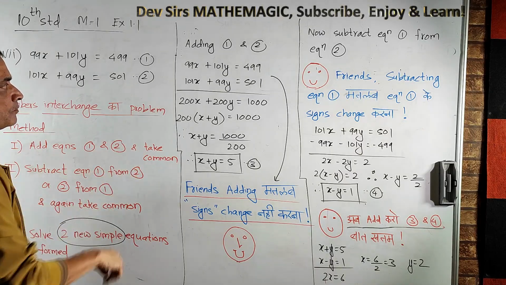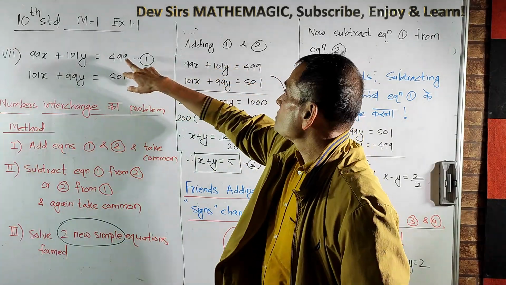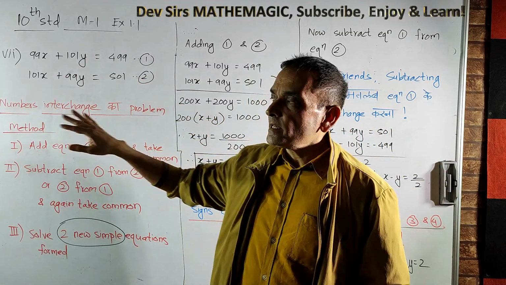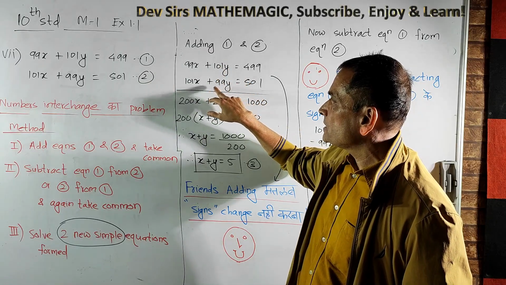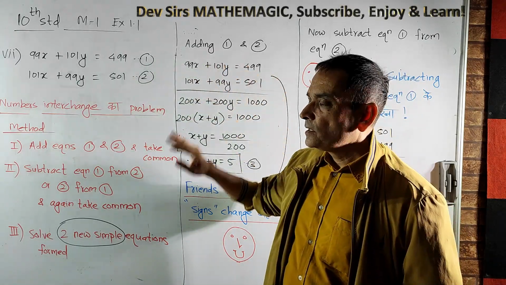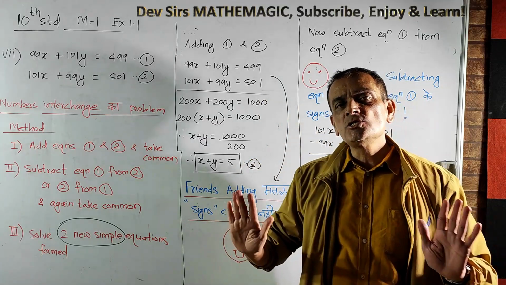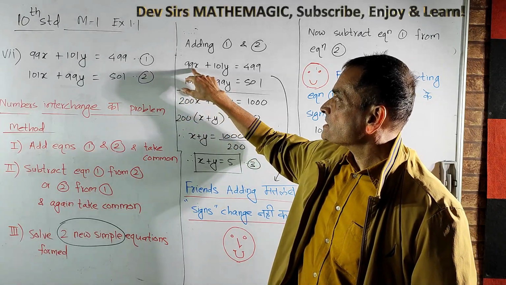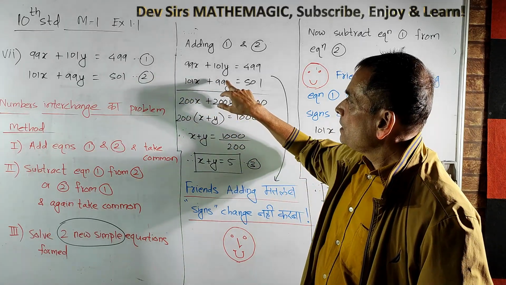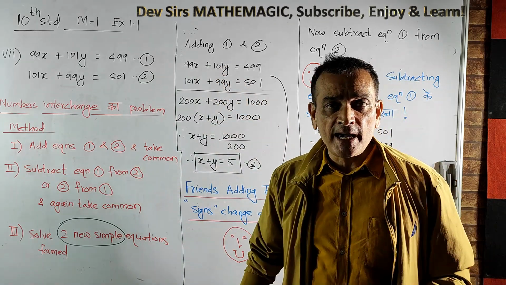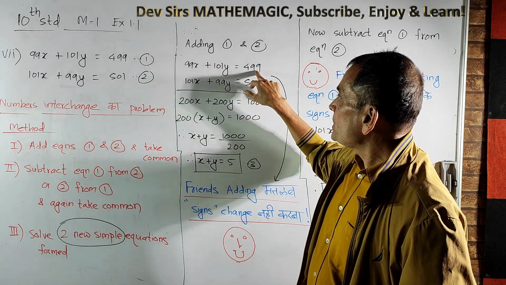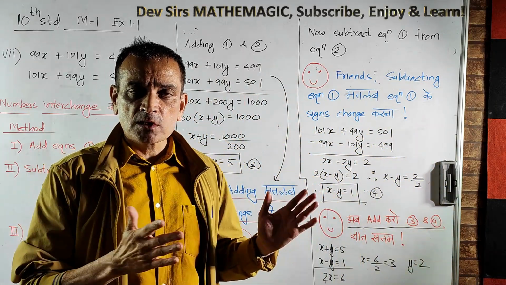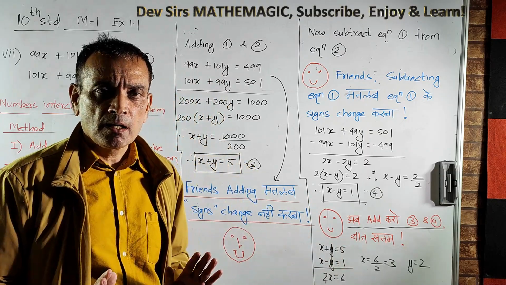Adding equations 1 and 2. Given equations 1 and 2, adding. Now remember yesterday I told you, to add two equations, just write one equation below the other without changing the sign. Write them as they are, no need to change signs. 200x, 101 plus 99 is 200, 101 plus 99 is 200y, 501 plus 499 is 1000. Now you may think the numbers have become so big, what to do? It's simple.